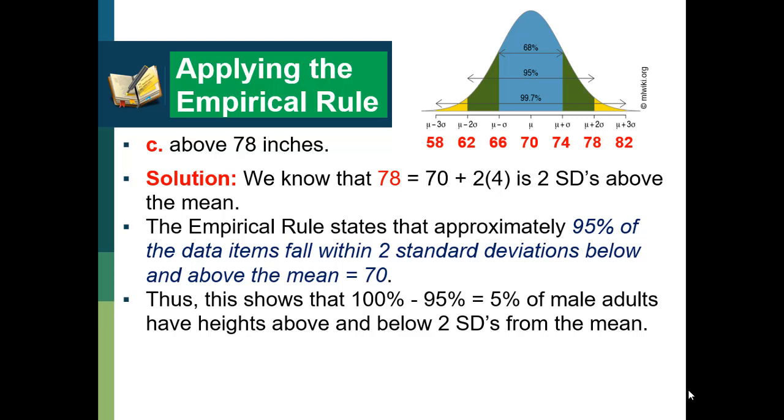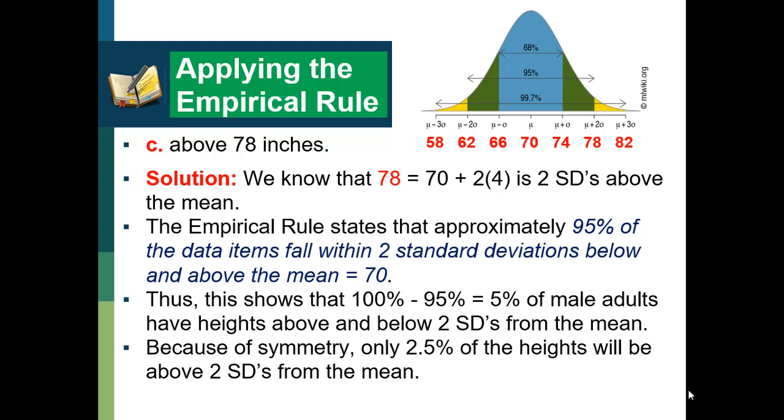This shows that 100% minus 95% is equal to 5% of male adults have heights above and below the 2 standard deviations from the mean. That includes from 78 and above and 62 and below. But since we are only looking for above 78 inches, that is only half of 5%.